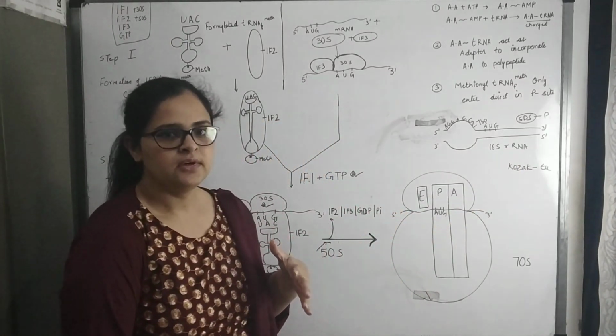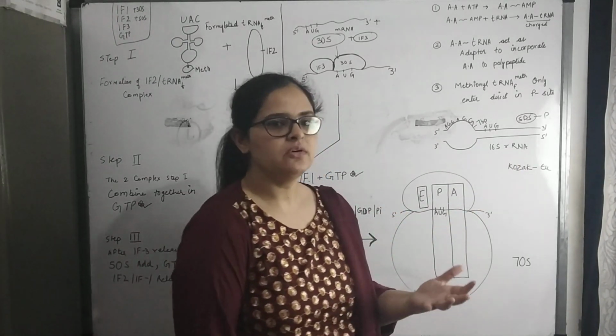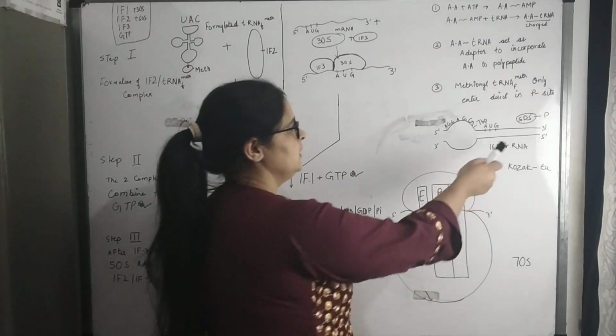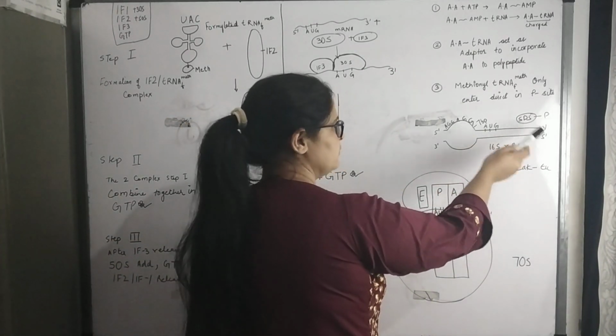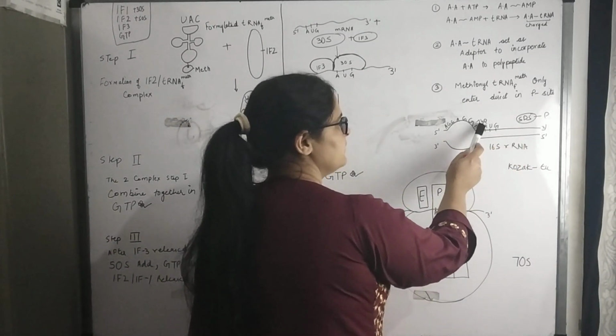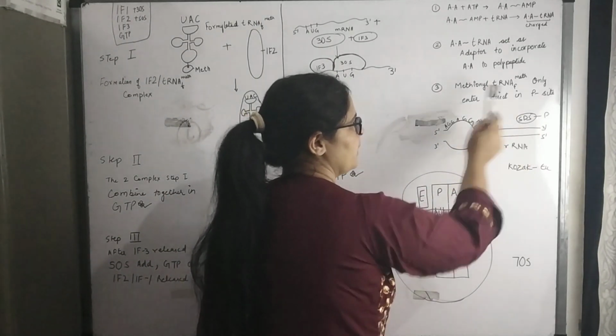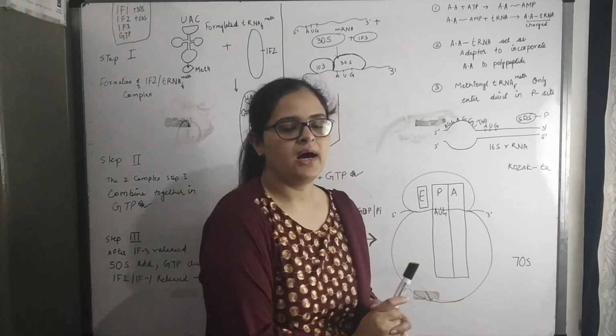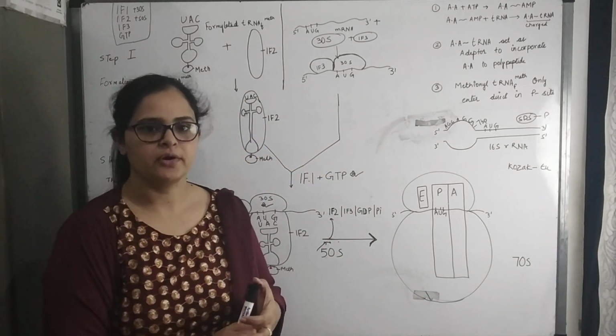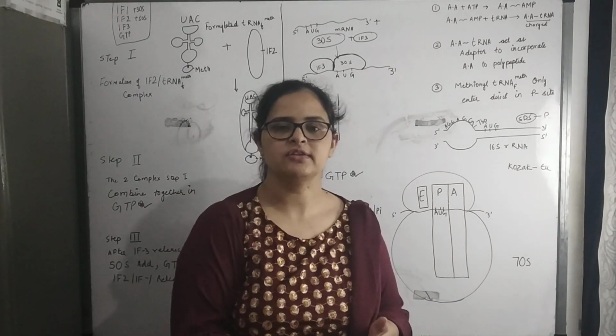It was observed by scientists that Shine-Dalgarno sequences are present just 7 base pairs upstream from the AUG in prokaryotes, and they play a very important role in initiating translation.